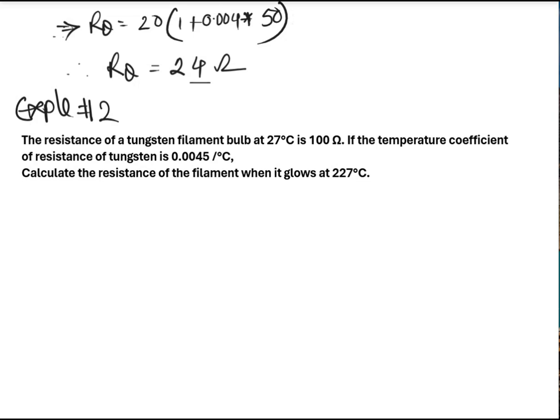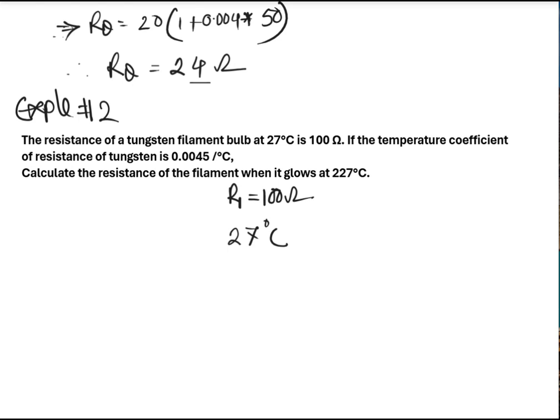The resistance of a tungsten filament bulb at 27 degrees Celsius is 100 ohm. It means that when the temperature is 27 degrees Celsius, the resistance, let's say this is R1, is equal to 100 ohm, right?